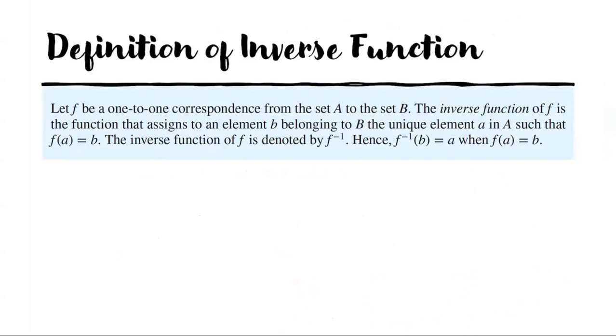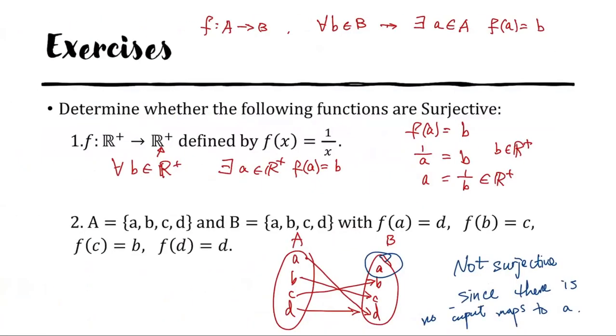Now, if you look at the first example of what we did, to show a function is surjective, we need to show f of a equals b. Then we substitute f of a to find what f of a is. And since we want to check there exists an input from the input set where f of a equals b, we need to solve for a, and then check whether the value belongs to the input set.